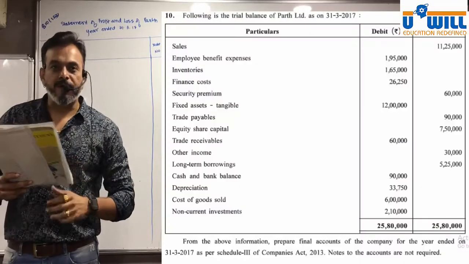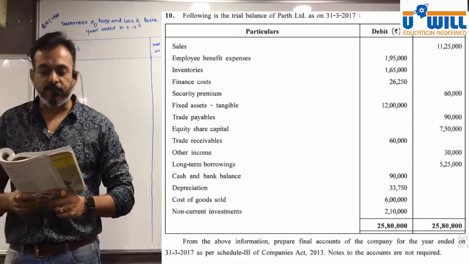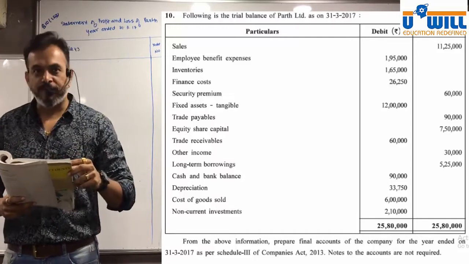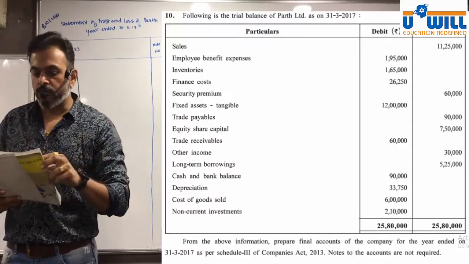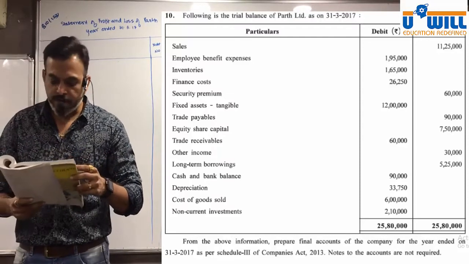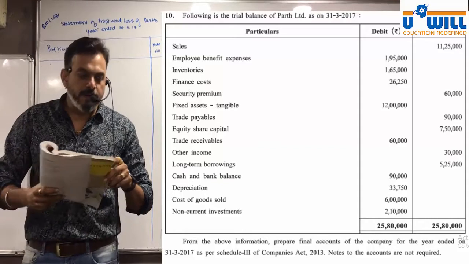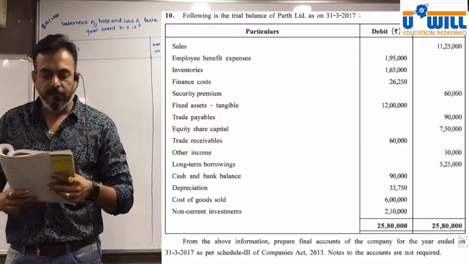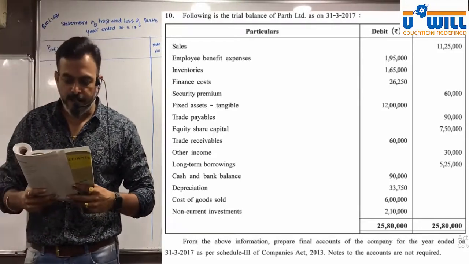Page number 152, question number 10. Following is the trial balance of Path Limited as on 31/3/2017. Now sales will go to profit and loss, revenue from operation. Employee benefit expense will go to profit and loss, as a part of expense. Inventory will go to current asset. Finance cost, expense, P&L.